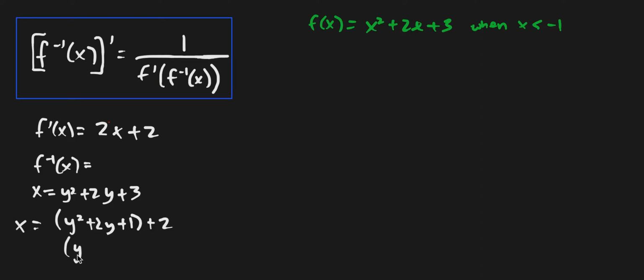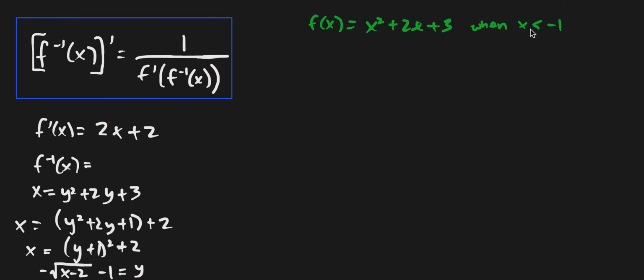This makes it (y plus 1) squared plus 2 equals x, making this negative root x minus 2 minus 1 equals y.